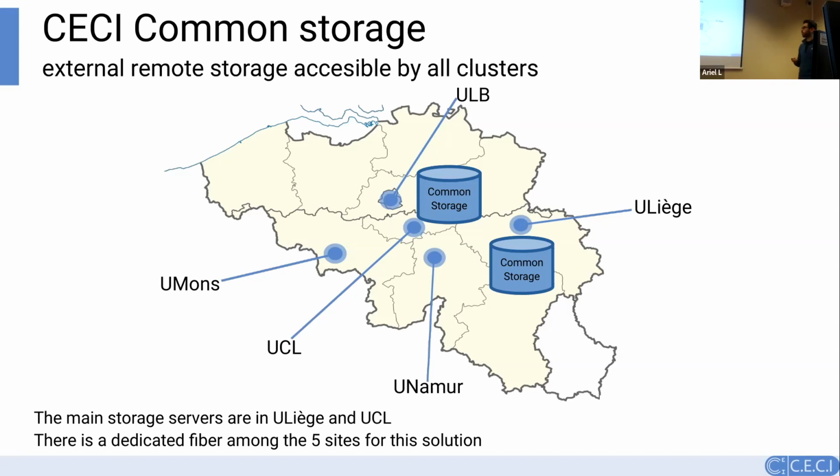We asked them for a dedicated fiber that we use for the communication, especially for the gateway machines at the ULB, Mons, and Namur, to communicate with the big storage at the UCL and ULiège. And the fact of having a mirror at the UCL and ULiège means that if we lose the UCL for some reason, and the rest of the sites are still able to reach Liège, I will still be able to access the data.